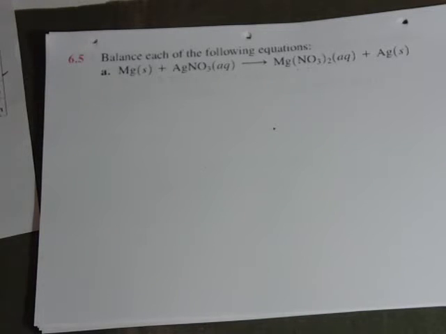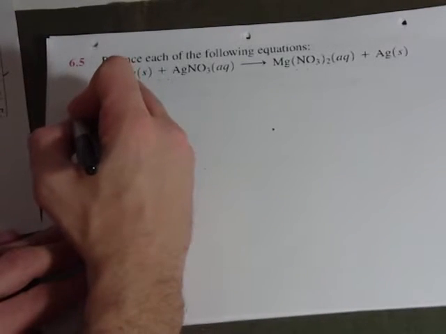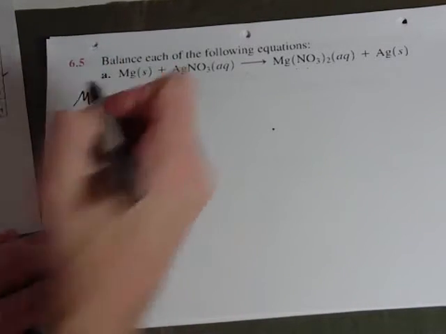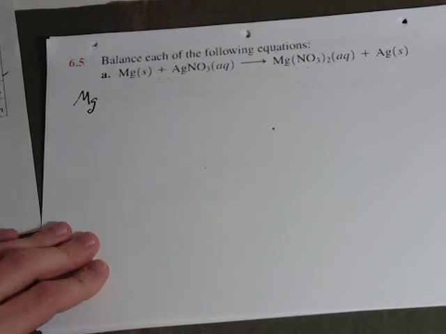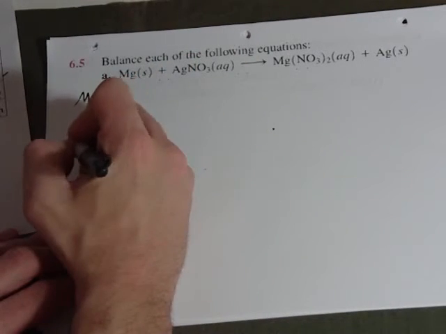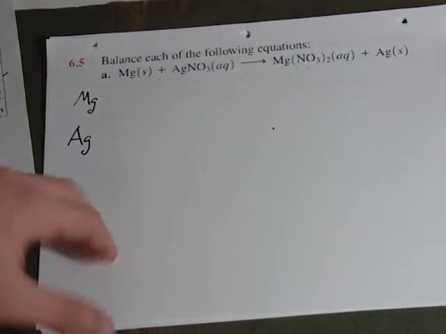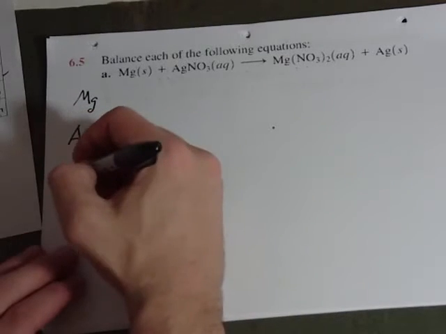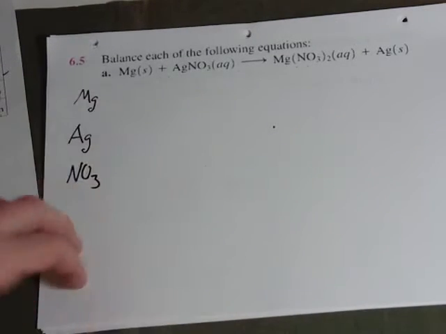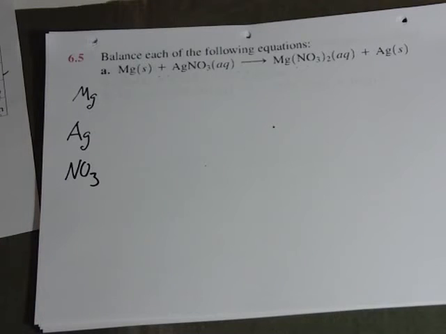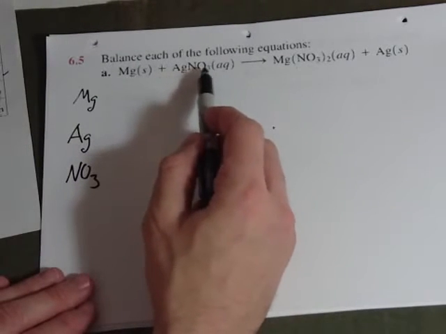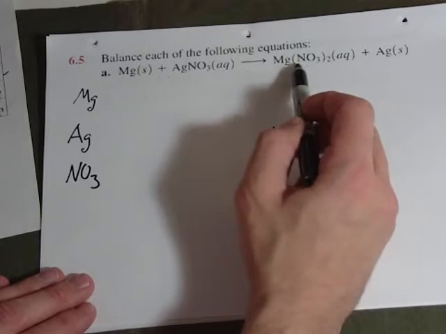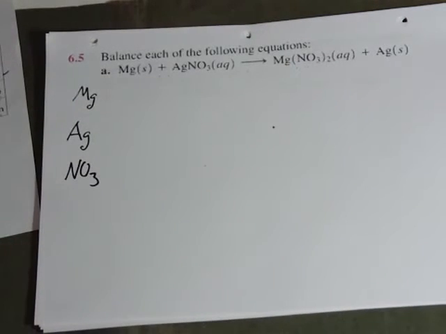Here again, for a balanced reaction, we want to write out all our parts together. So we have magnesium, we have silver, Ag, and instead of breaking up the nitrate, the NO3, we're going to keep it together. We're not going to break it apart because NO3 is kept together on the reactant side and also in the product, so there's no reason to break it into nitrogen and oxygen.